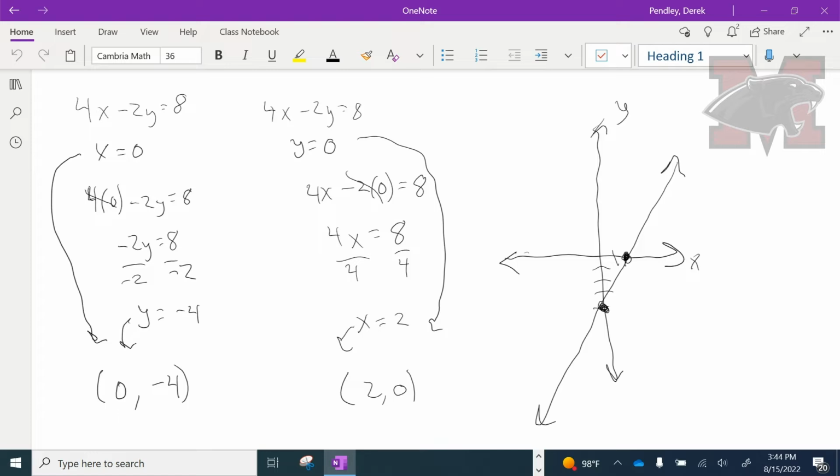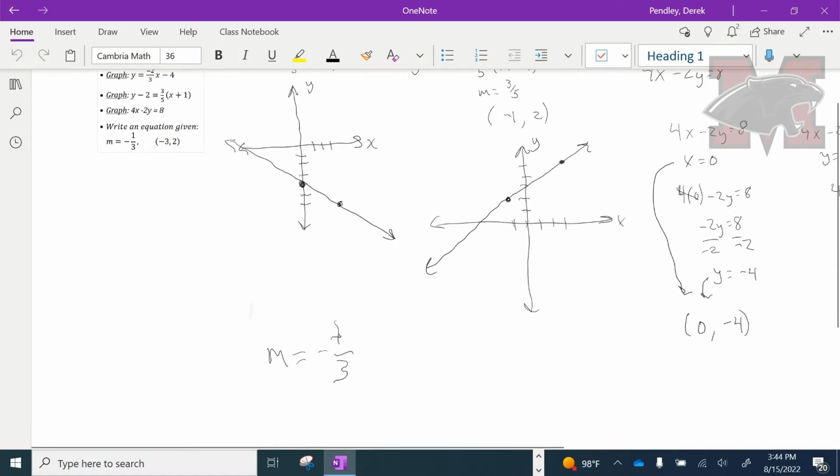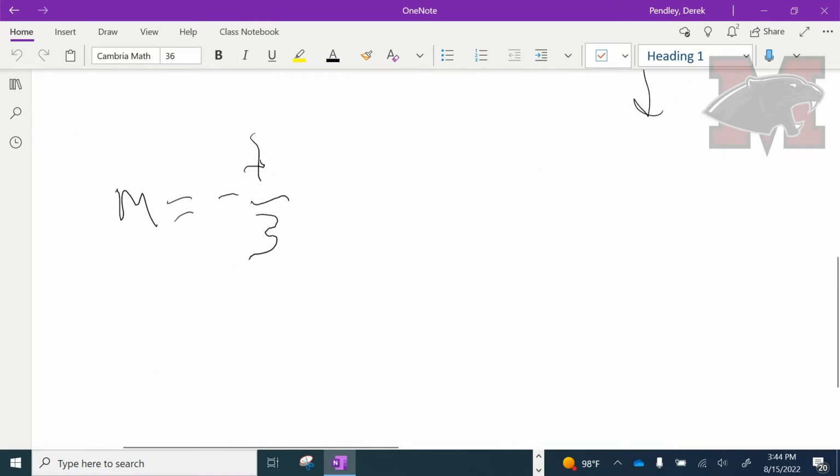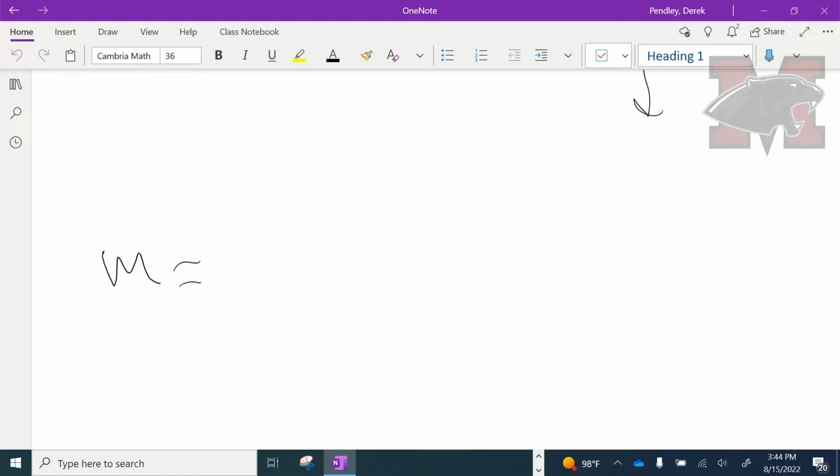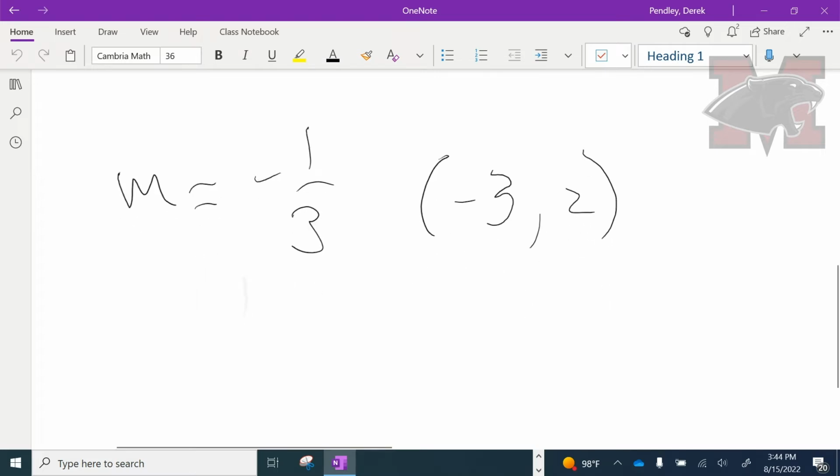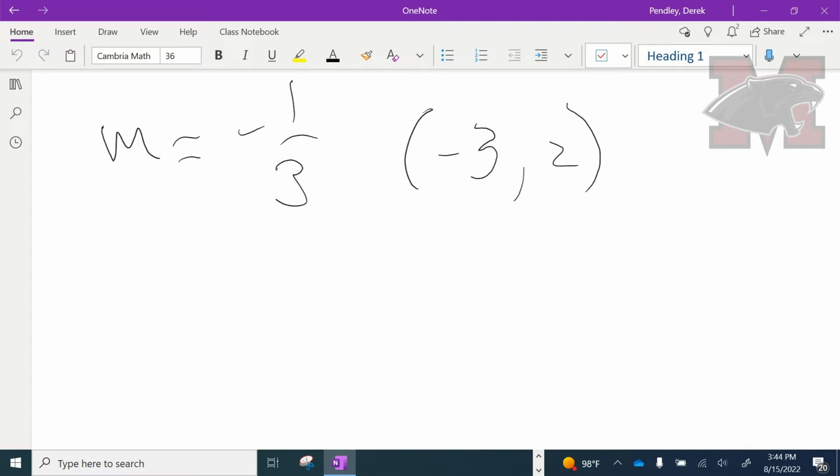All right, last up. The slope is equal to negative 1/3, and I have the point negative 3, comma 2. So I'm going to use the point slope form here to write an equation because it's given me a point and a slope.